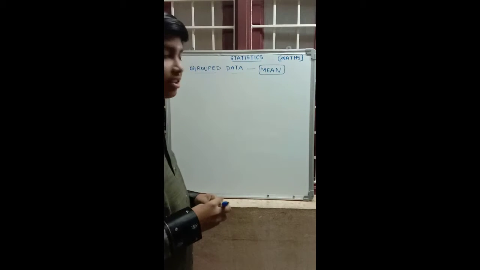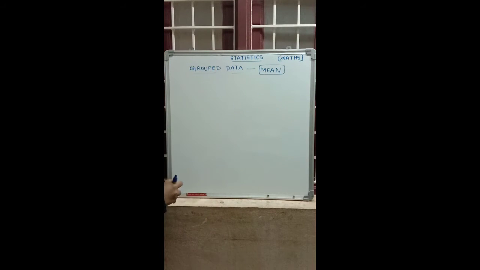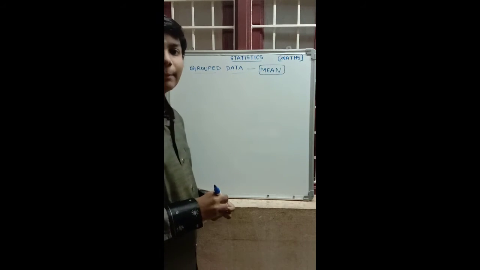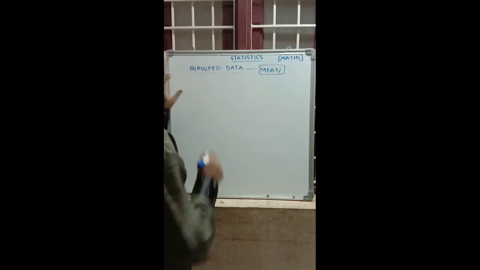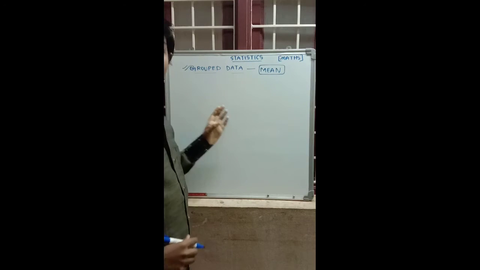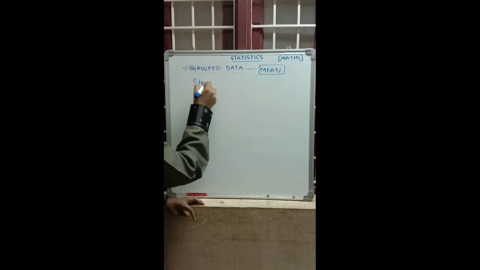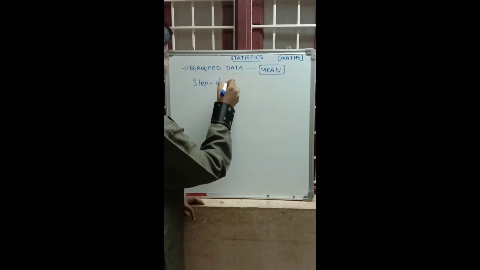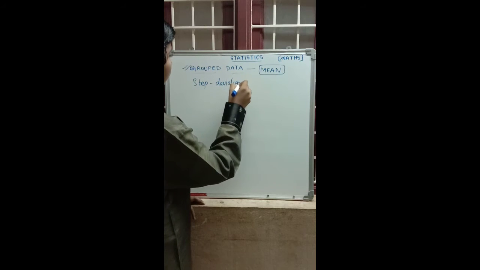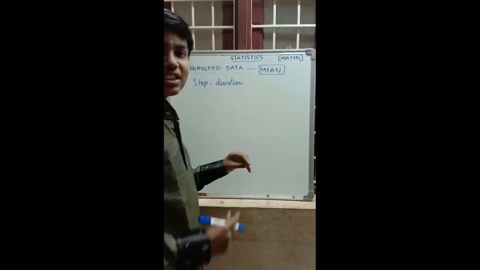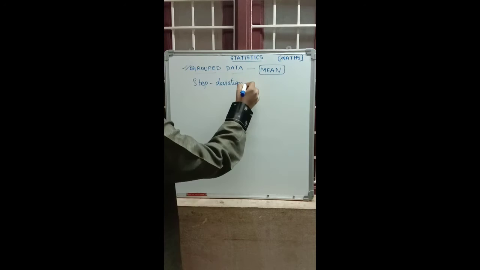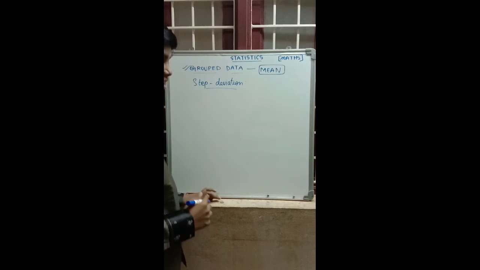In the previous video we discussed the assumed mean method and the direct method for grouped data. Today we will discuss the step deviation method. First, let's discuss the formula of it and then the examples.